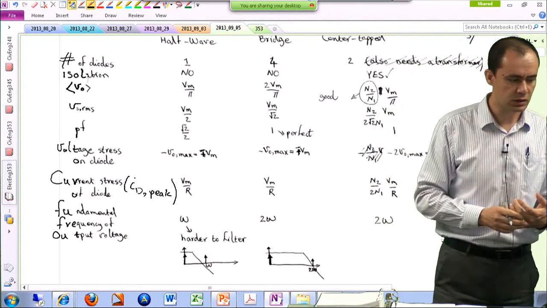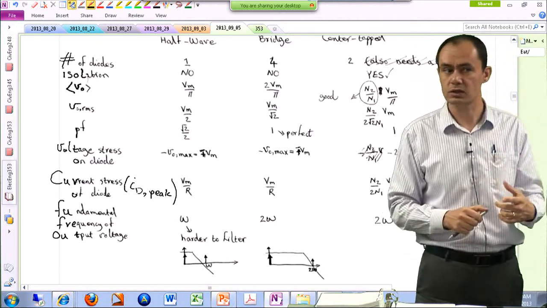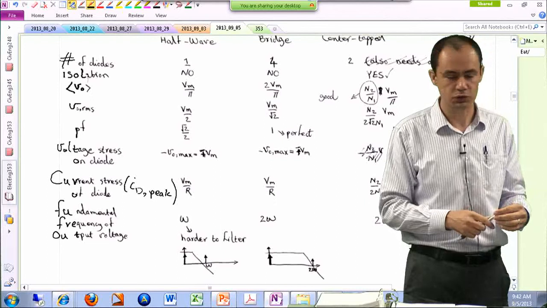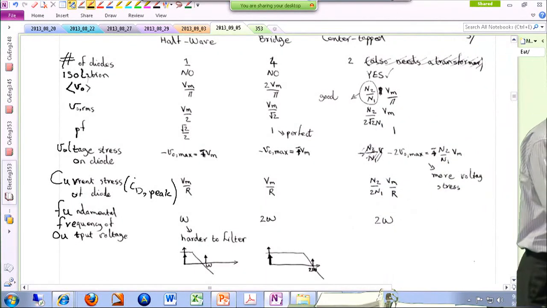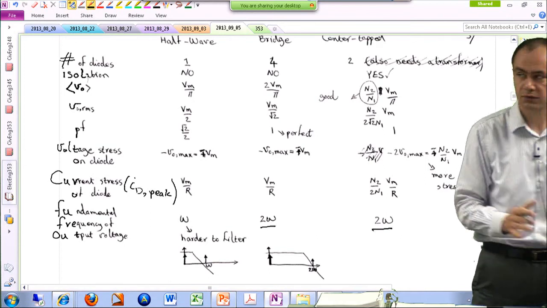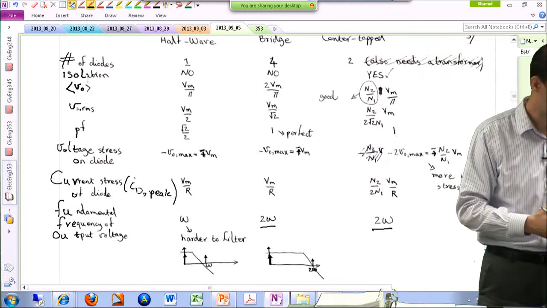In the other two, it's actually 2 omega, meaning that our output voltage is repeating itself twice in one period of the input voltage. Now, this actually could be a good feature, having this factor of 2 appearing in a bridge rectifier or in a center tap rectifier. Why is that?